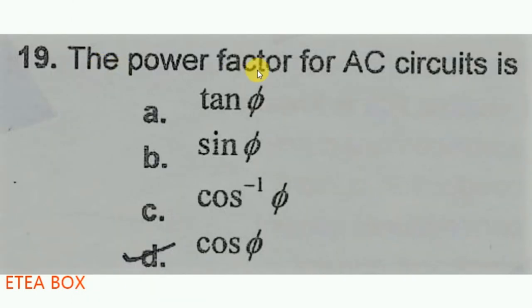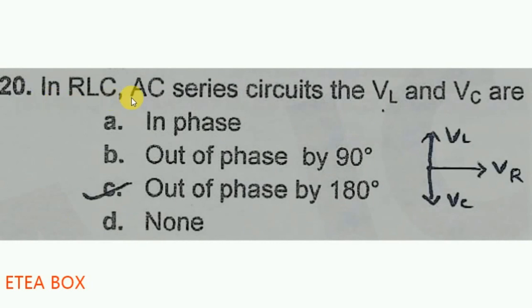The power factor for an AC circuit is cos theta, cos phi. This is derived in your book, so you can look there. In an RLC AC series circuit, the VL and the VC are, now here we know that the VR is in this direction. The current and the voltage in case of a resistor are in the same direction.